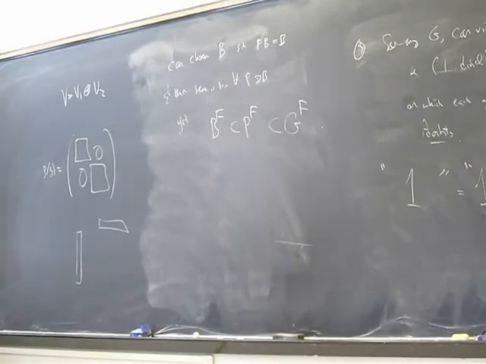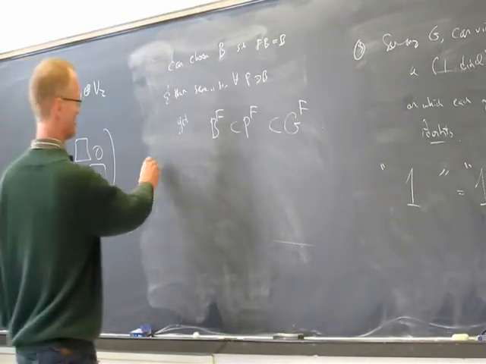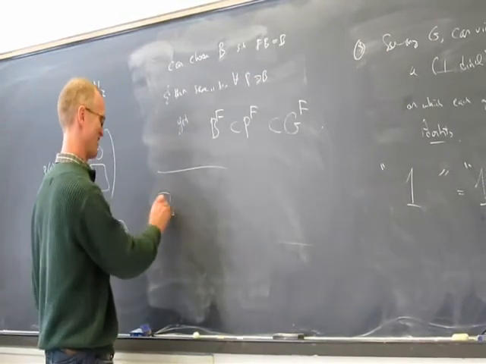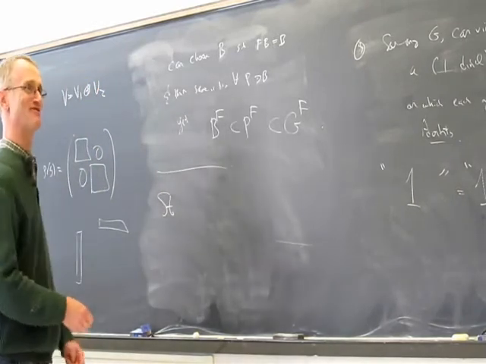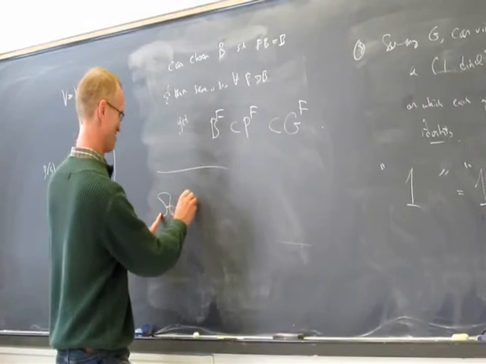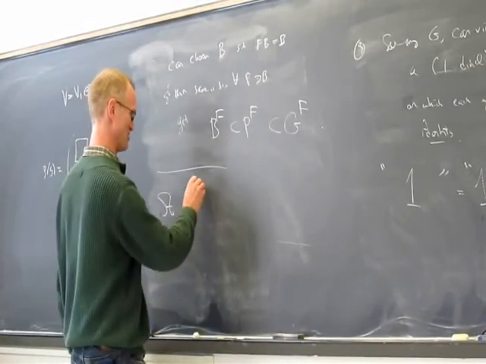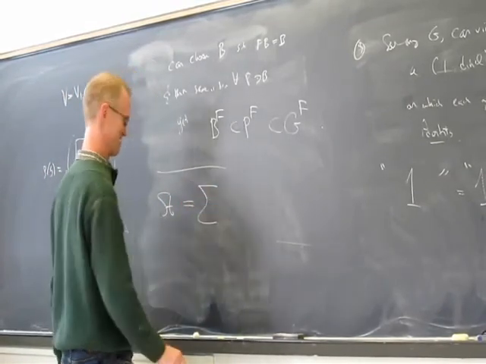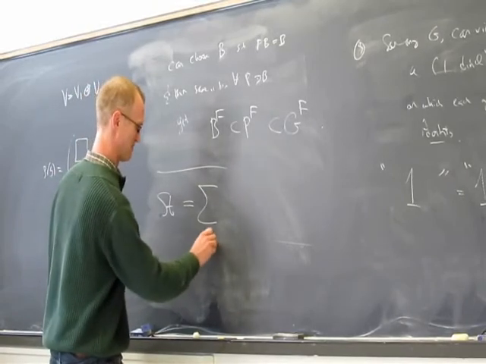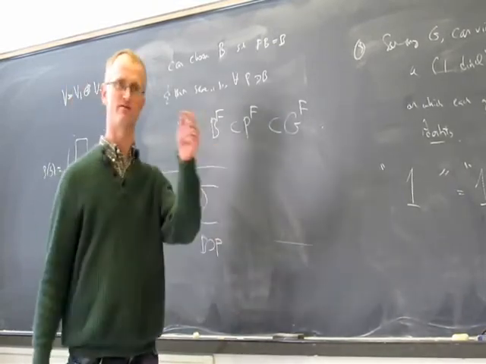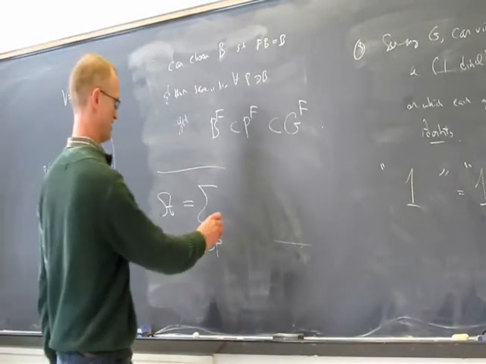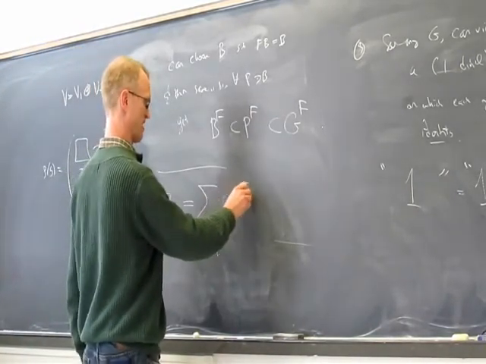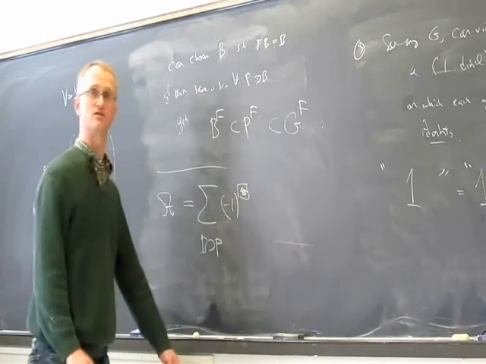So now I get to write down the horrible definition. This is the Steinberg representation. I'm supposed to have another few minutes to justify this. But for the Steinberg representation, what I do is sum over all parabolic subgroups, the 2 to the n of them, that contain my fixed B, and then I take (-1) to some sign that I'm going to be vague about in just a second.